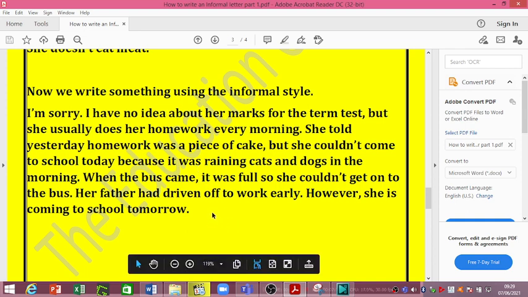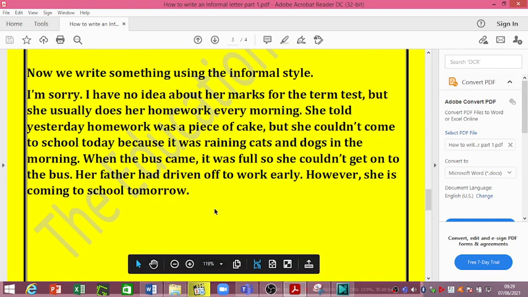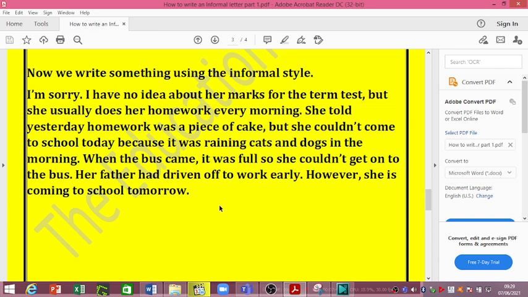Now I think you have a clear idea of how to write sentences using informal style. This kind of style should be used when you write informal letters. This is the first thing we should learn before you start writing informal letters. I think you have a clear idea of how to create sentences using informal style.